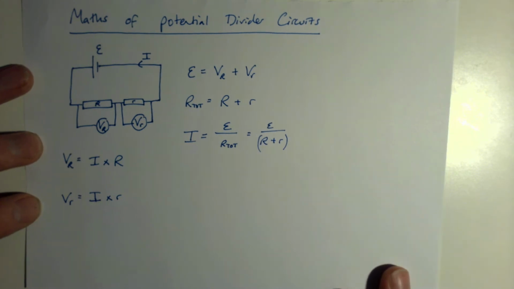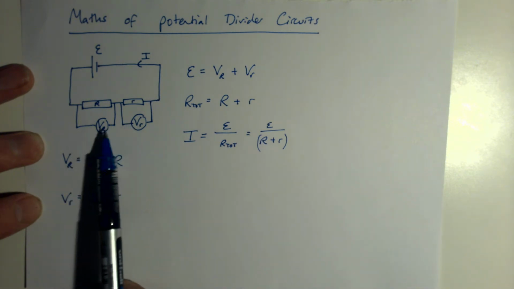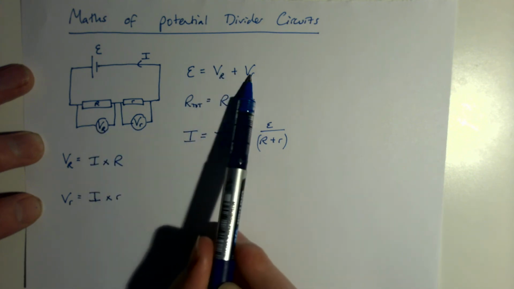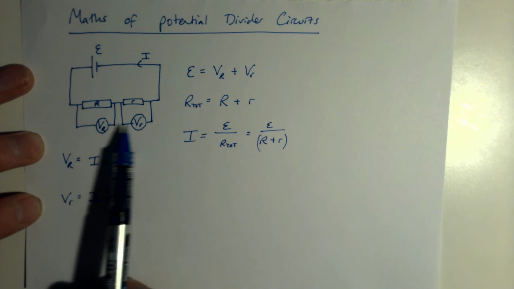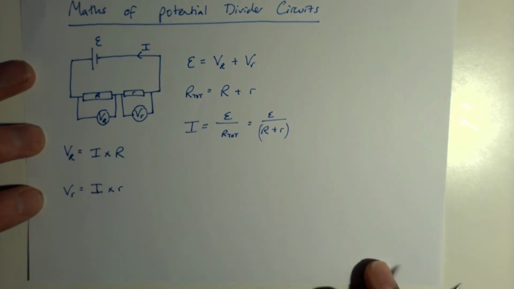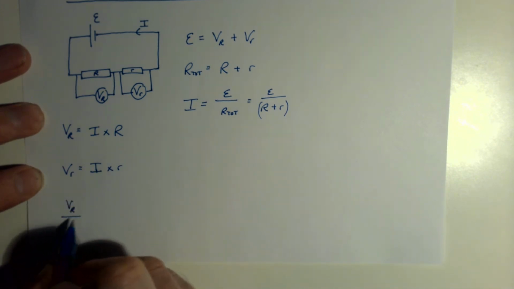We can now see why the potential divider circuit works the way it does, because if you wanted to know, well, what is the ratio between the two potential differences? We know that they add up to produce the EMF, but what's the ratio between them? What if we tried doing this ratio?